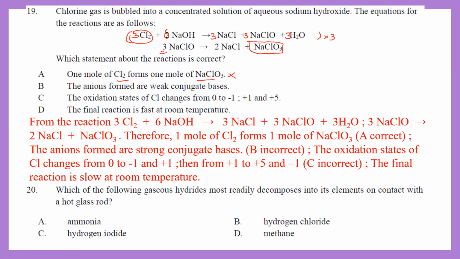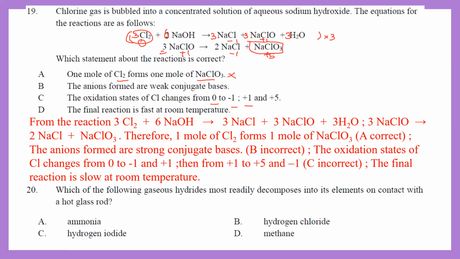So the oxidation state of chlorine in here changes from 0 to -1, then this is +1, and then this +1 changes to -1 and +5. Okay, so the oxidation state of Cl changes from 0 to -1 and +1 only, then it is the NaClO3 that further changes to -1 and +5.